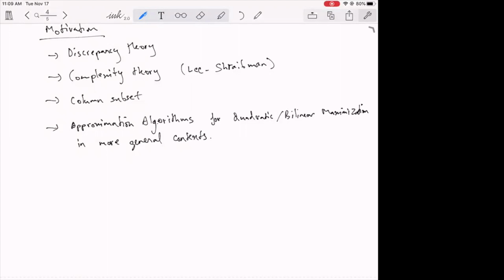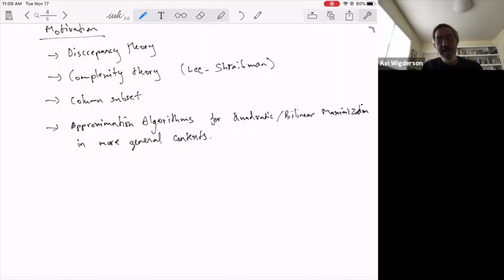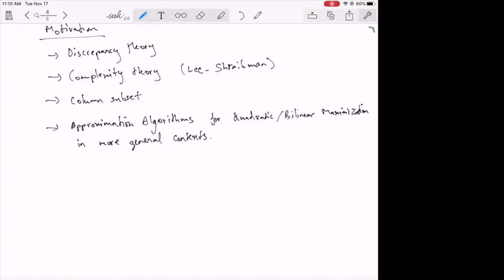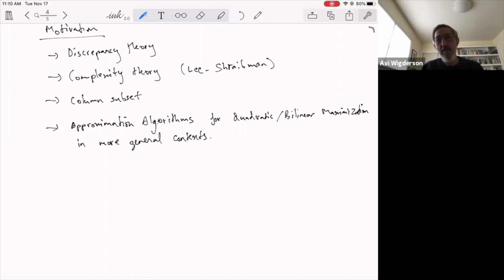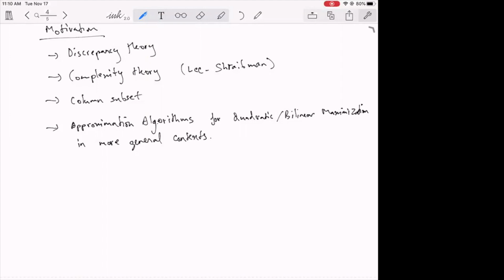So this maximization of the L infinity norm over the hypercube for a given matrix A is basically finding the submatrix in which the discrepancy is largest. Yeah, that's correct. The sum of the values is largest. And that obviously fits to communication complexity.